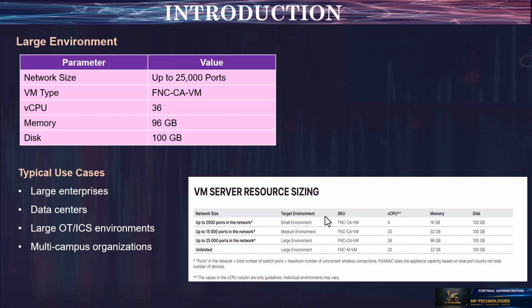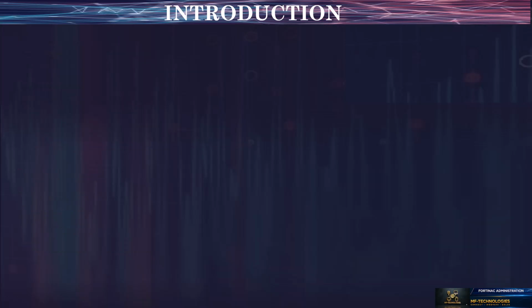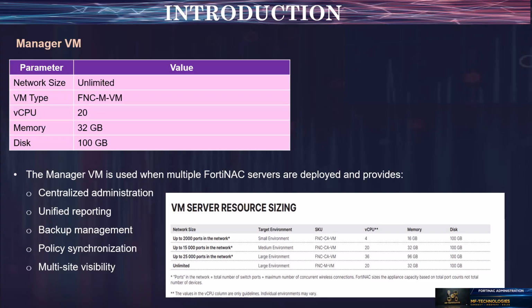Besides all the operational servers, a large deployment also requires centralized management. Let's see our manager VM. This is like a hardware manager. Unlike the control and application server, the manager does not perform endpoint discovery or authentication.